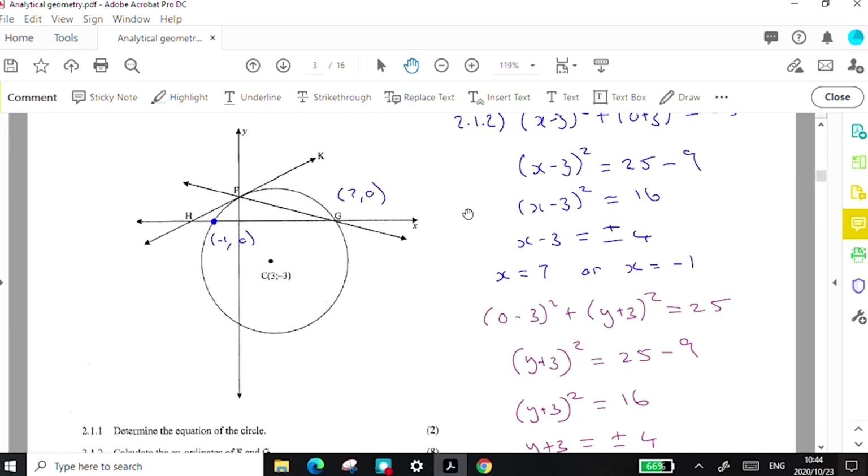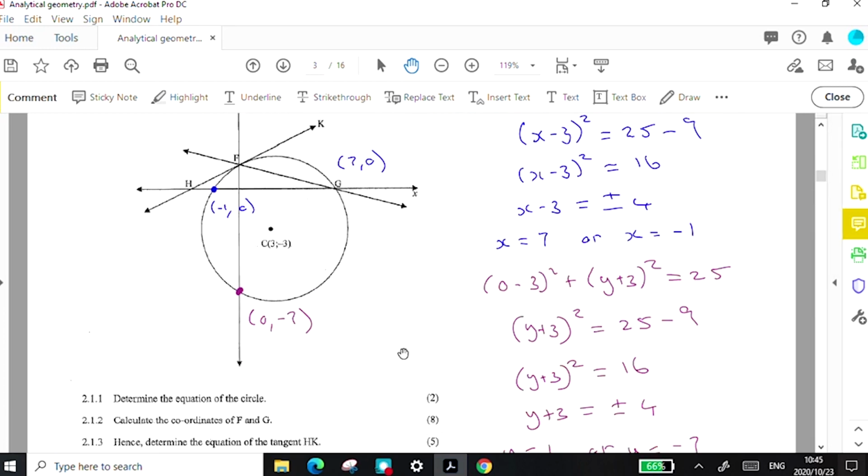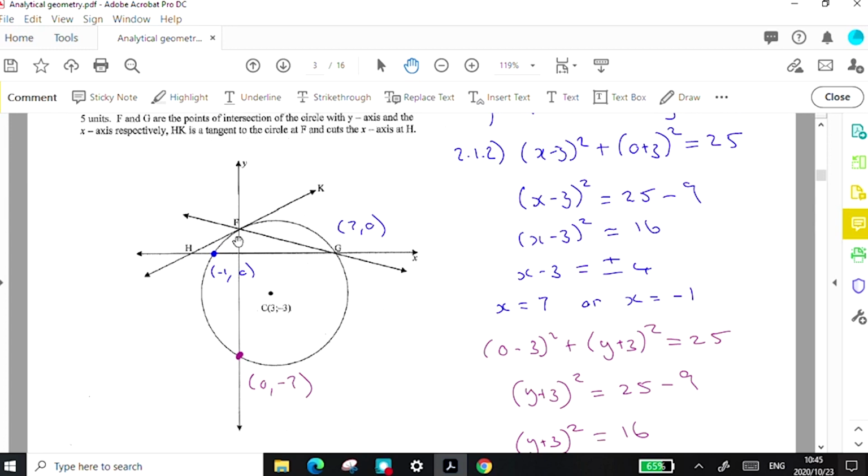The negative y value should be at this point. So here we have when x is equal to 0, y is equal to minus 7. And the positive value would be at F. This is the point when x is equal to 0, y is equal to 1.